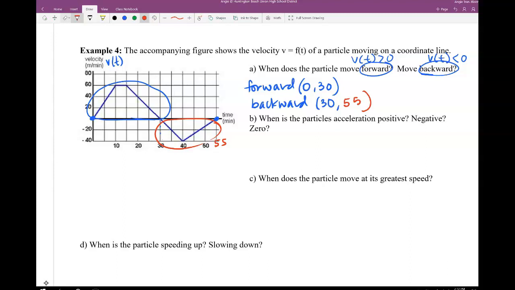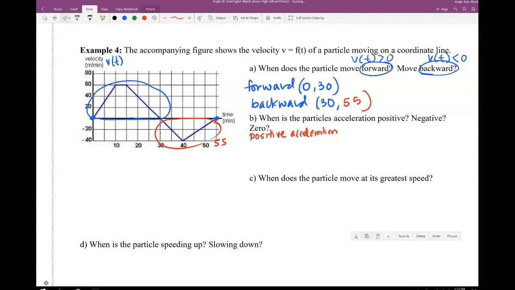So, positive acceleration, meaning that the V prime is, because keep in mind a of t equals V prime, so it has to be what?